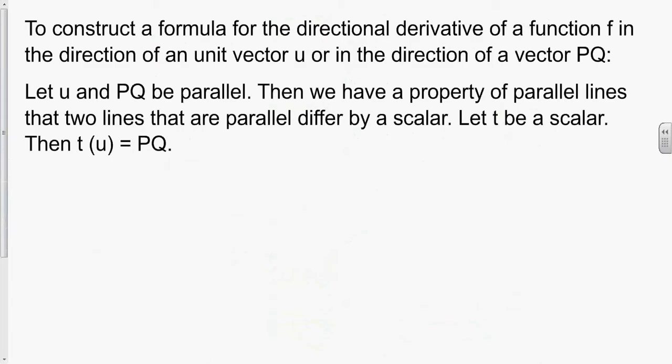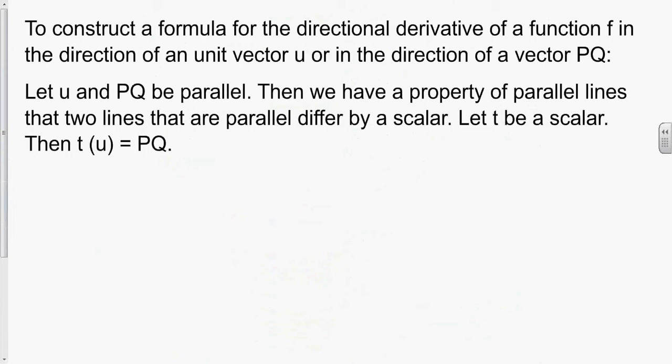So here's the argument. I want to construct a formula for the directional derivative of a function f in the direction of a unit vector u, or in the direction of a vector PQ. I use a very neat property in mathematics, because our choice of u was to make the vector u parallel to PQ. That was our choice. So let u and PQ be parallel.